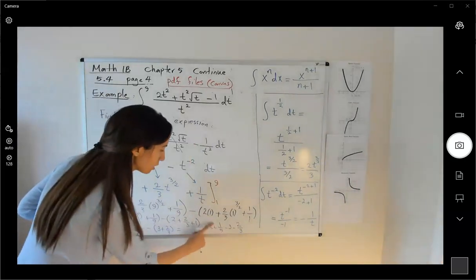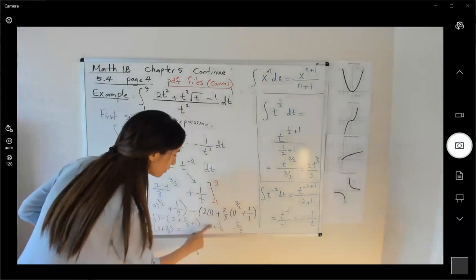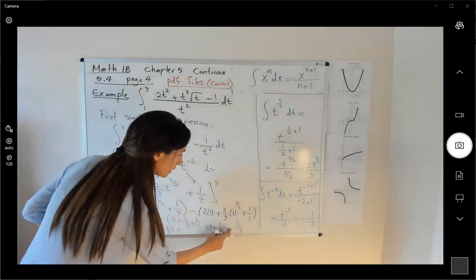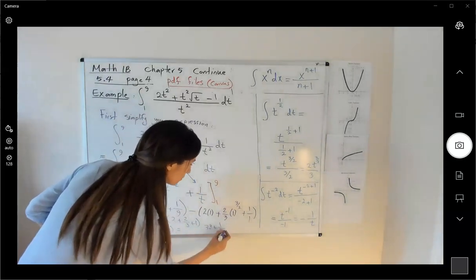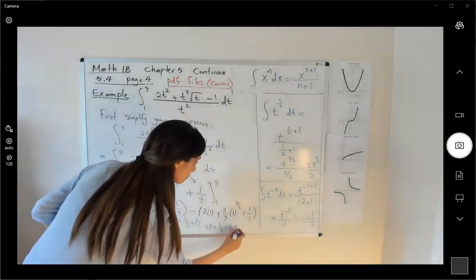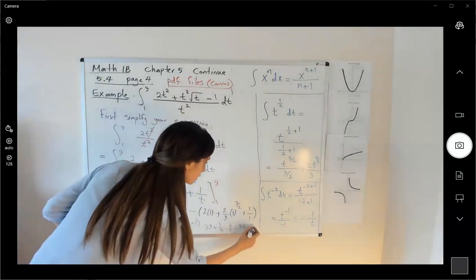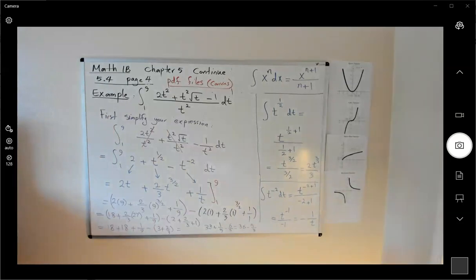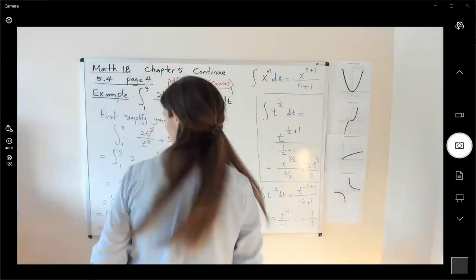36 minus 3 is 33. And you have 1 over 9 minus 6 over 9. So you get 33 minus 5 over 9. So the final answer calculation here gives you, let's write down the rest of the things here for you.